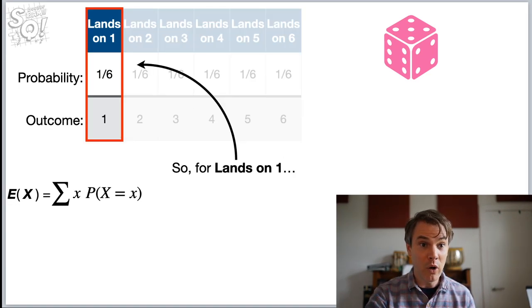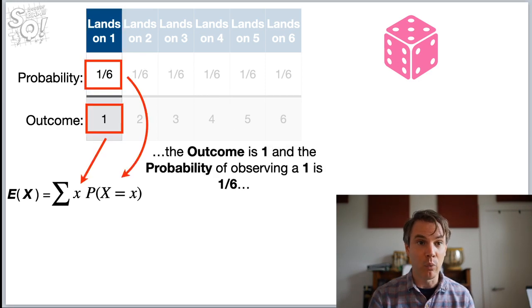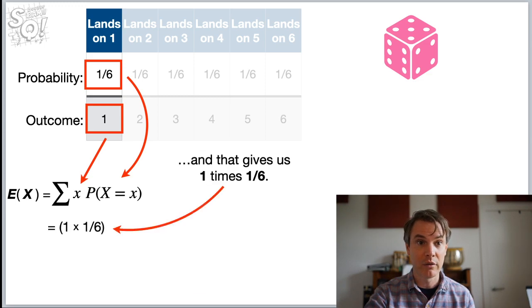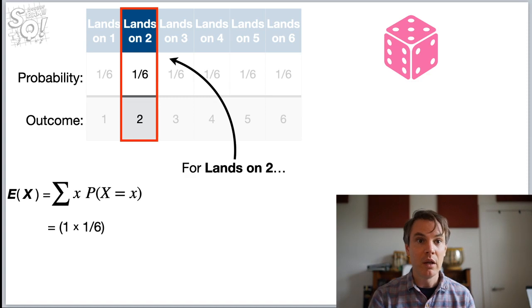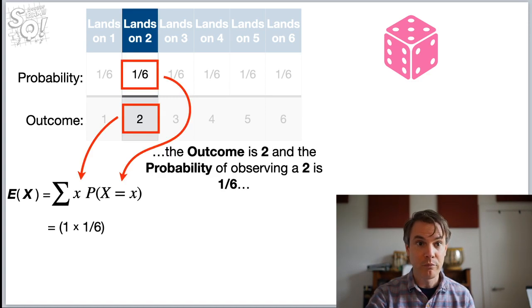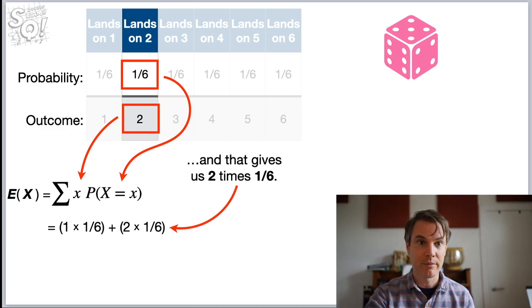So for lands on 1, the outcome is 1, and the probability of observing a 1 is 1/6. And that gives us 1 times 1/6. For lands on 2, the outcome is 2, and the probability of observing a 2 is 1 divided by 6. And that gives us 2 times 1 divided by 6. So we add that term to our sum.